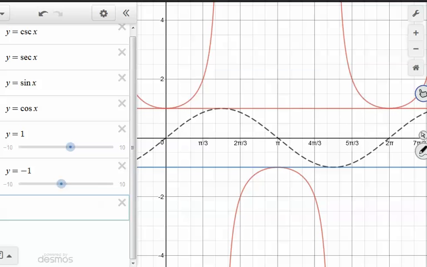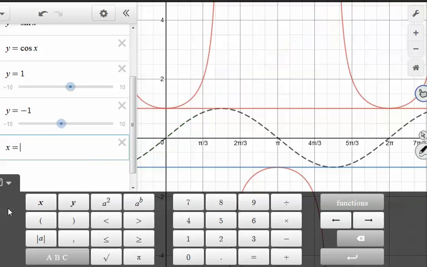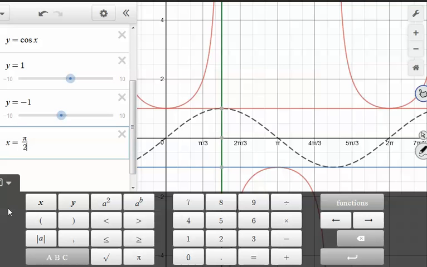If you notice the sine function, it looks like there's a vertical asymptote right here. If I graph x equals pi over 2, hey, there's that one.